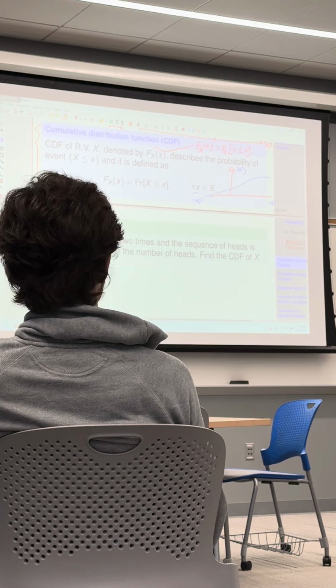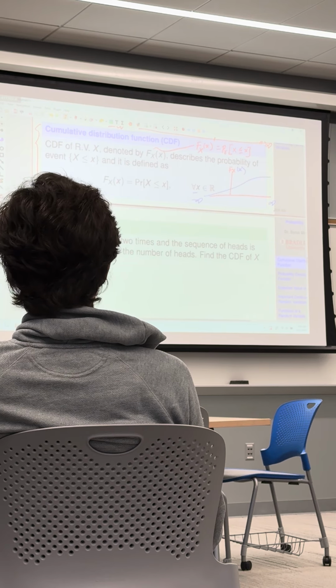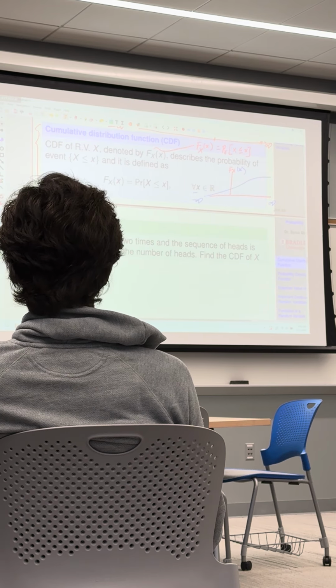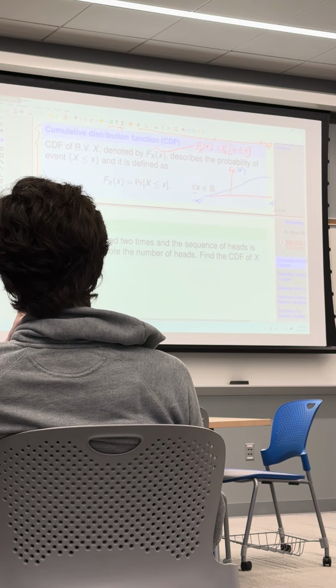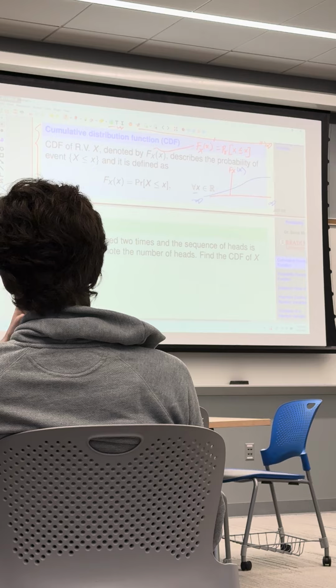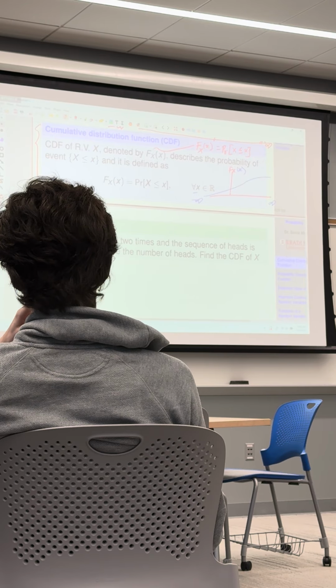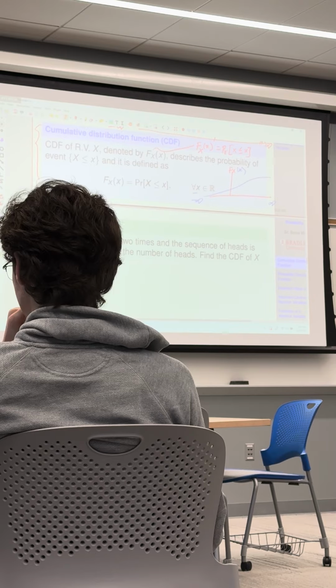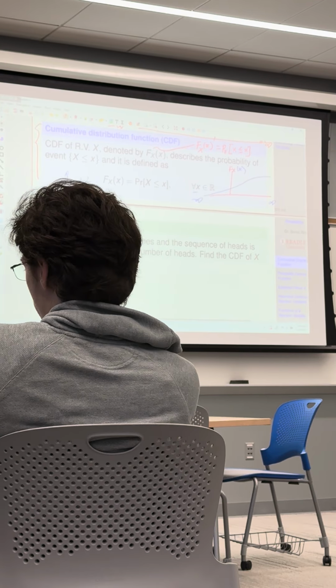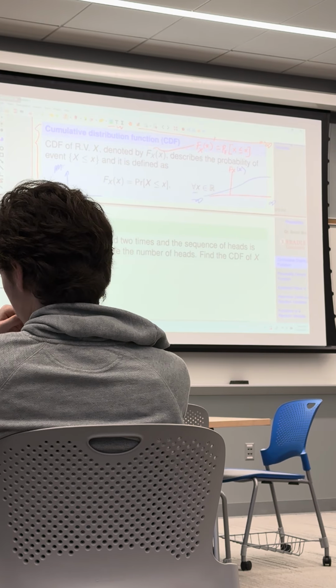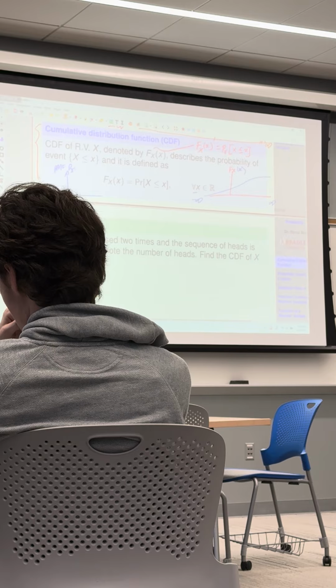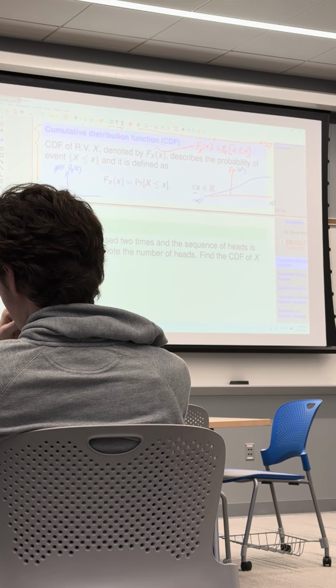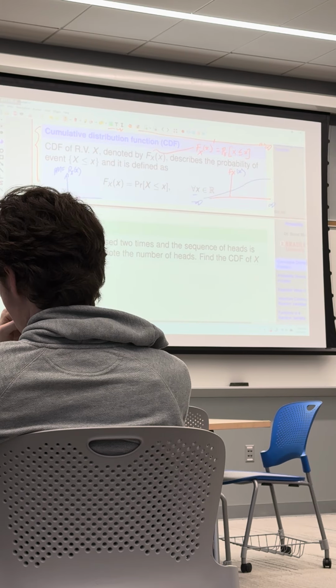Now, can you tell me what's the difference between this CDF and PMF, as we know from our last chapter? PMF, probability mass function. If this is the PMF of random variable X taking value x, the probability mass function took values at certain values of x, right? You remember?